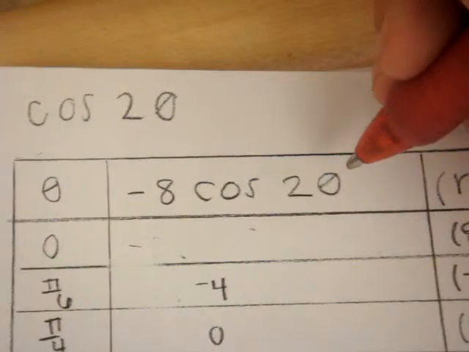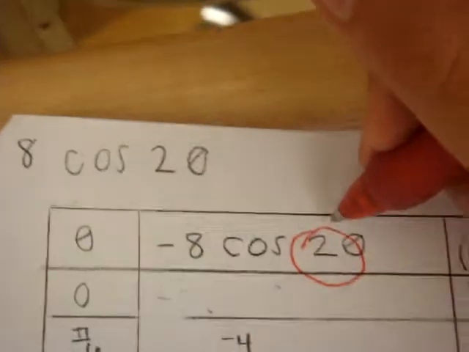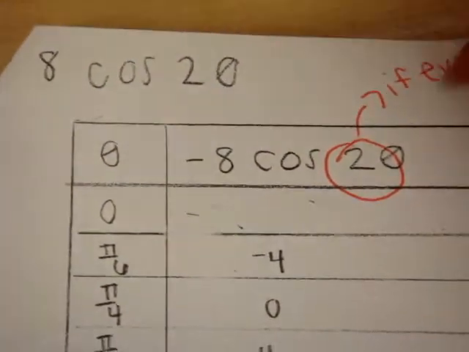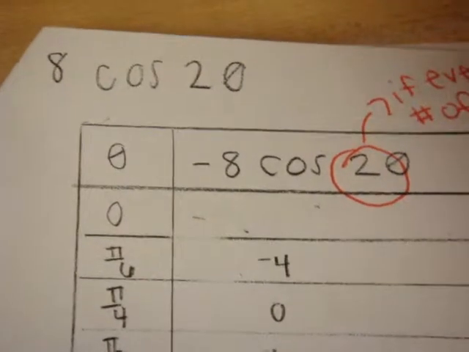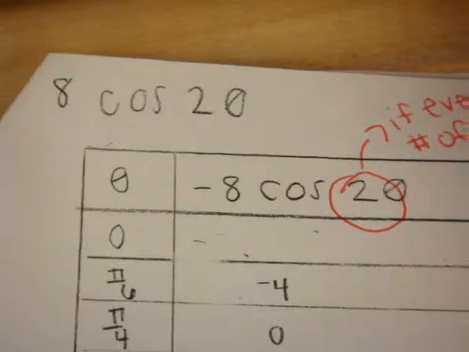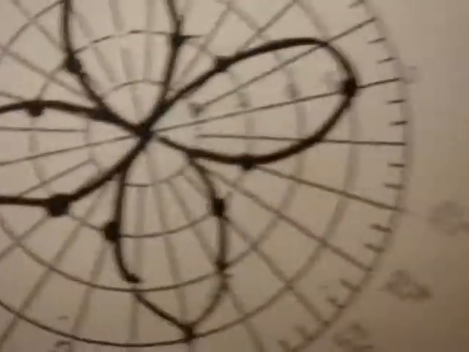Okay, so the number 2, the number before the theta: if that number is even, then the number of petals will be twice it. So if it's 2, it'll have 4 petals. If it's 4, it'll have 8 petals. You see the graph underneath it? Does it make sense, because this is 2, that's 4 petals? And that's the same for the cosine graph number 9.